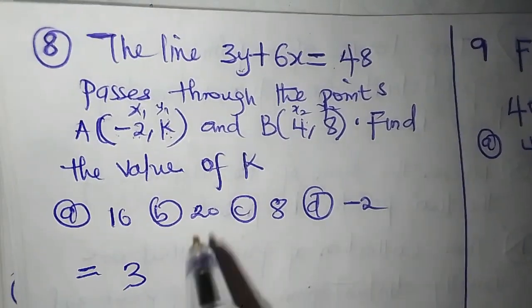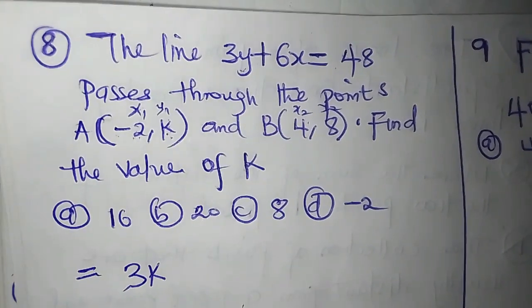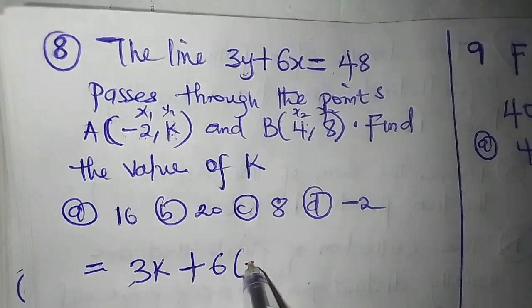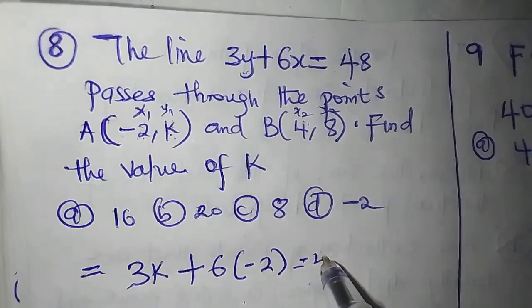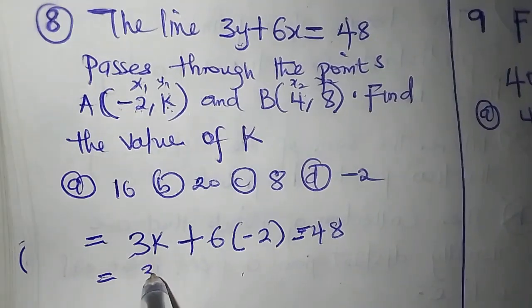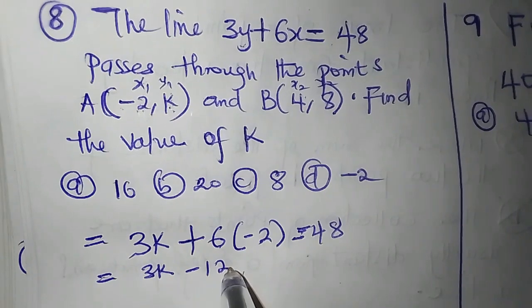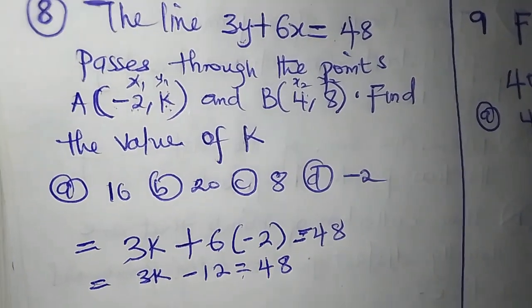3 times y is k, that's 3k, plus 6 times x is -2, equal to 48. 6 times -2 is -12.